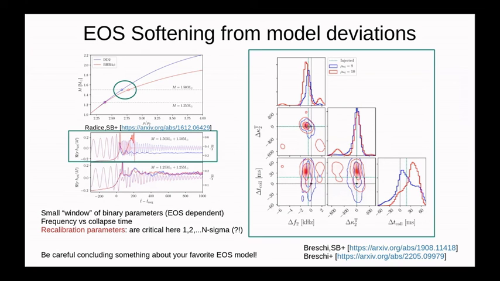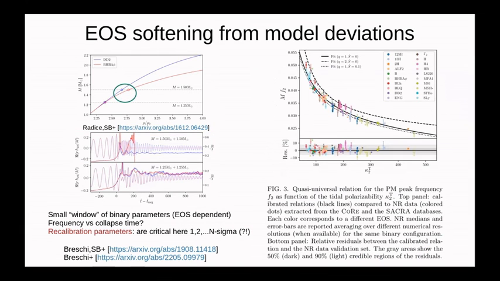And very importantly for the analysis, what we have introduced in this paper, which is, I think, a nice important thing, are recalibration parameters. I don't want to go into detail, but it's a technical thing that allows you to include in the inference the actual theoretical uncertainty of the particular empirical, equation of state independent relation that you use.